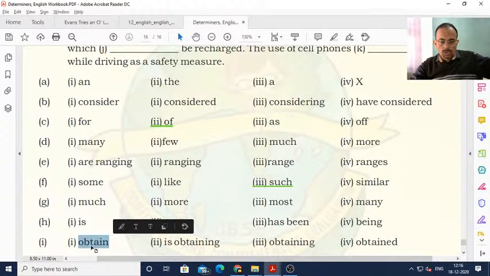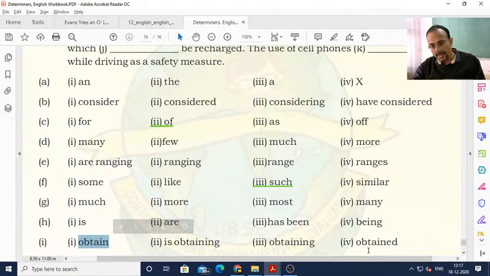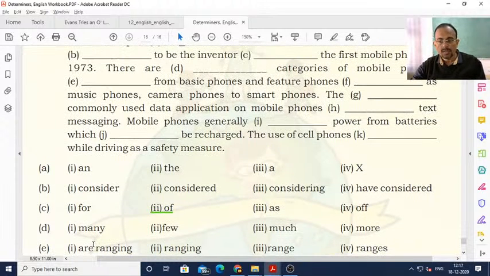Why obtain? Because it's a factual passage. It deals with the present tense, therefore it should be obtain. Understood? It cannot be is obtaining or obtaining. So the most commonly used data application on mobile phones is text messaging.